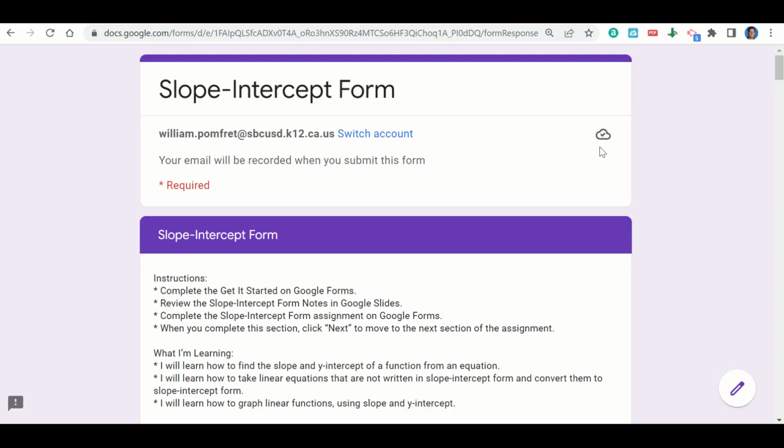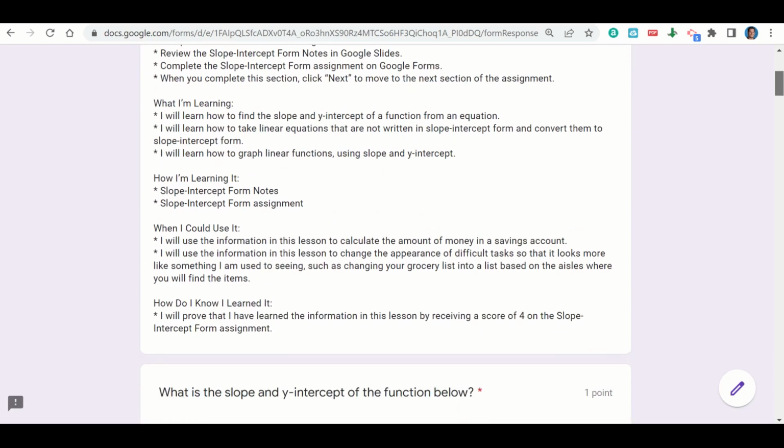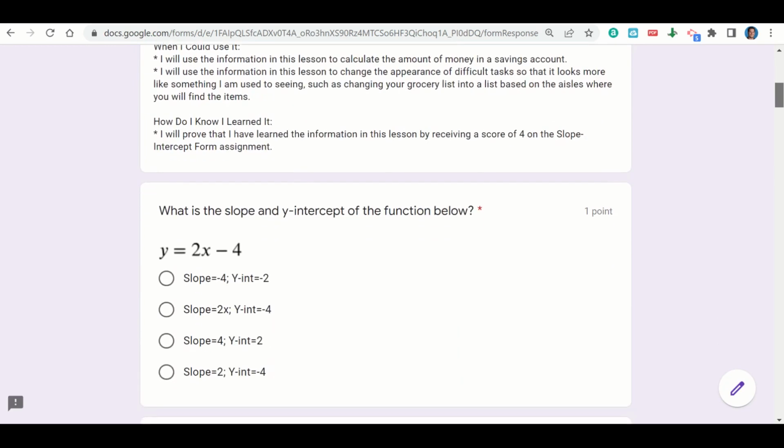Let's take a look now at the slope-intercept form assignment. So if you look at the top of the page, we have our learning goals and success criteria here. If you continue to scroll down, we can answer now the questions for the slope-intercept form assignment. So the first question says, what is the slope and y-intercept of the function below? Well, it says y equals 2x minus 4. Well, we remember that it's a slippery slope to get hung up on your x.